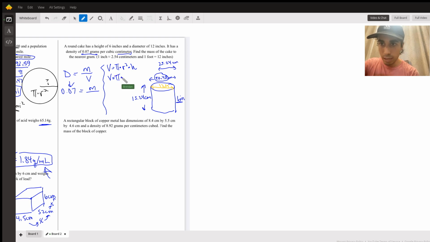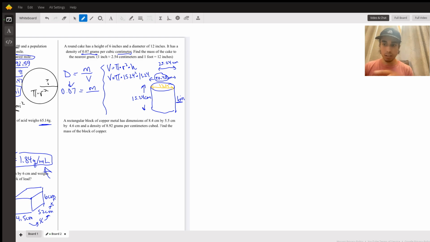Pi times the radius, 15.24 squared, times the height, and the height is also 15.24. Okay, so we've got pi times 15.24 squared times 15.24, or you could just do 15.24 cubed. Either one works.